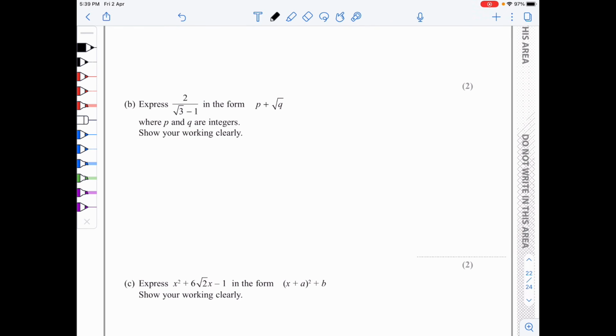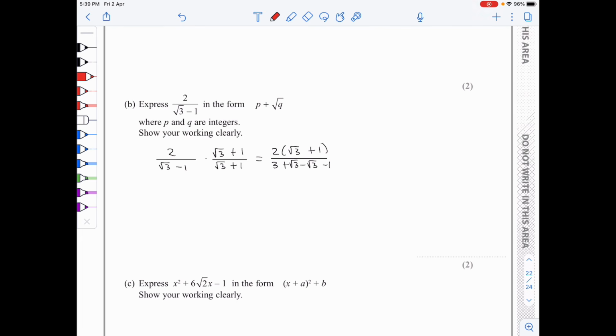And then in B, we need to essentially rationalize the denominators. I'm just going to multiply by 1 in an intelligent way, root 3 plus 1 over root 3 plus 1. So what we are doing here is mimicking the difference of two squares. I'm not going to expand in the numerator. I'm just going to leave it as it is, 2 root 3 plus 1 over, and I get 3 plus root 3 minus root 3 minus 1.